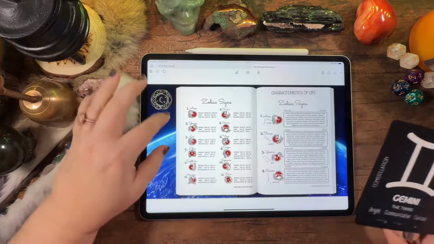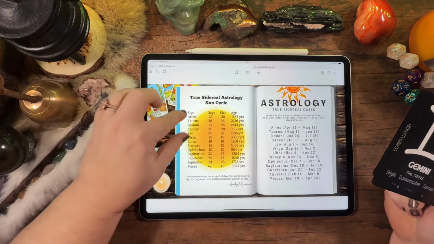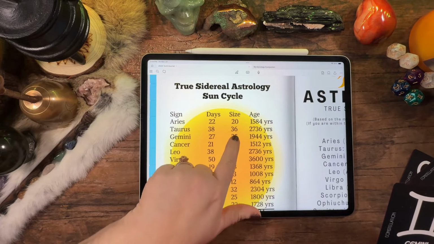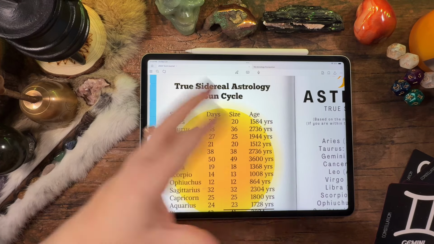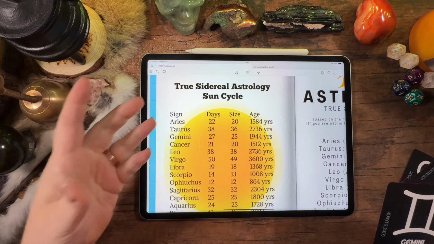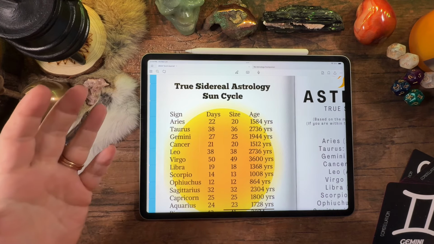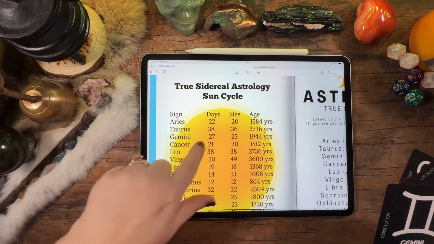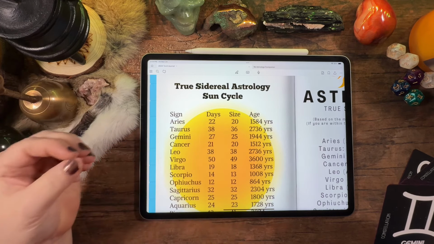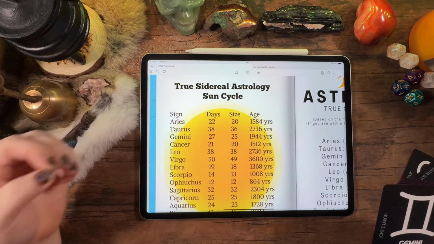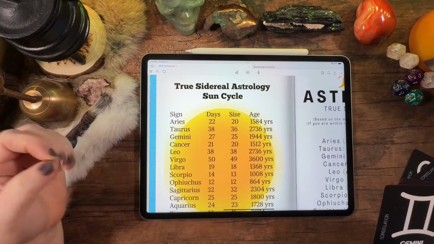Okay. So Taurus is 36 degrees in size, larger than the 30 degrees you normally see in Western astrology, right? So the sun is approximately in Taurus for 38 days every year.